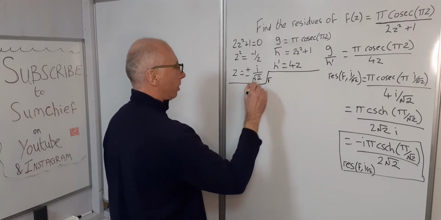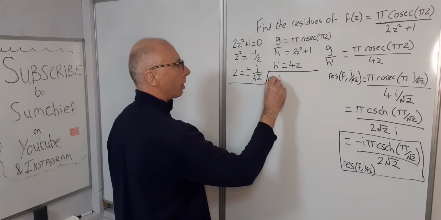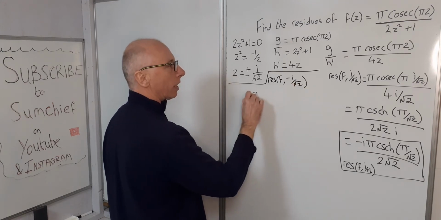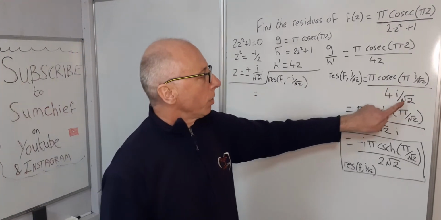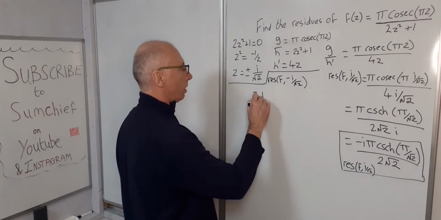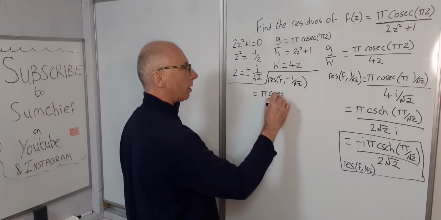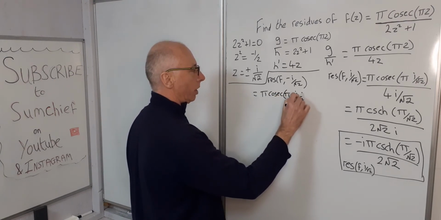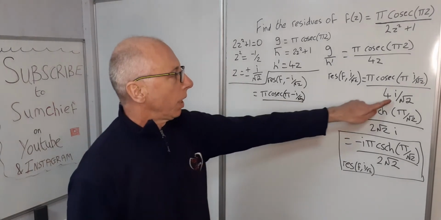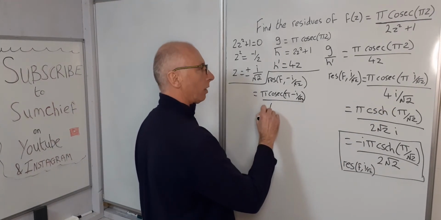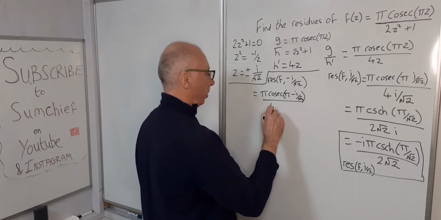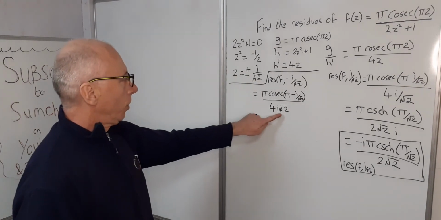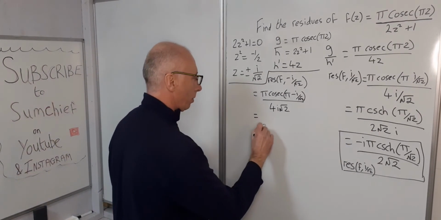So the residue of f at minus i over root 2 equals, putting minus i root 2 in all these bits here, pi cosec pi minus i over root 2, and then put minus i root 2 into here, 4 i root 2. 4 over root 2 we know is 2 root 2, so we can set that up straight away.